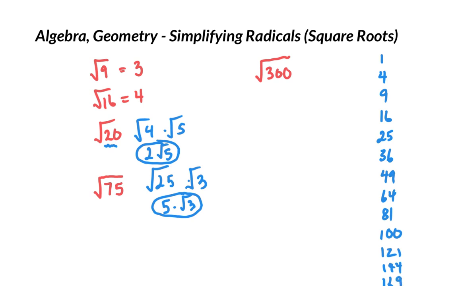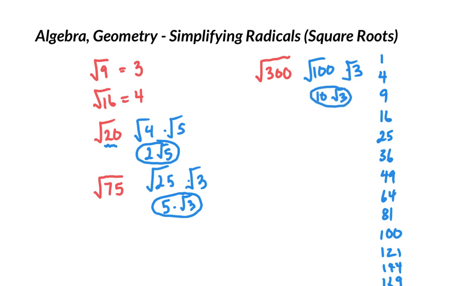Okay, well, 150 is in here. This won't go into 300. This won't go into 300, but 100 sure will. So we could say it's going to be the 100 times 3, but we got to put the square root there because it's the square root of 300. The square root of 100 is 10. 10 square roots of 3.